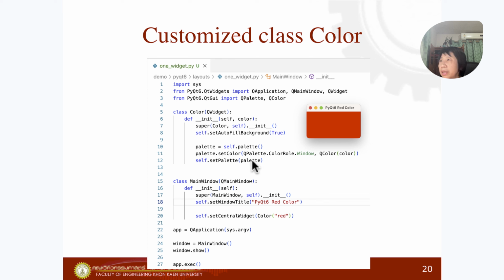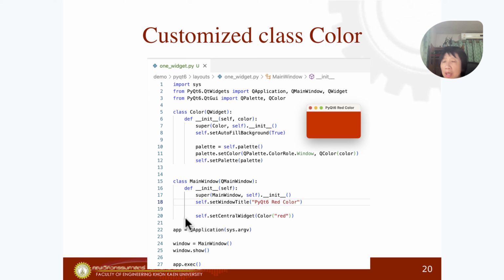The palette will set the color specified via the argument of the constructor, which is passed when we create the object, and then set the palette to be that color.